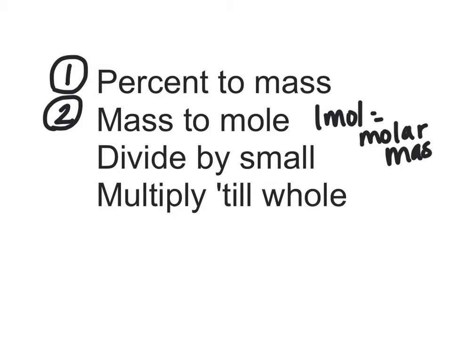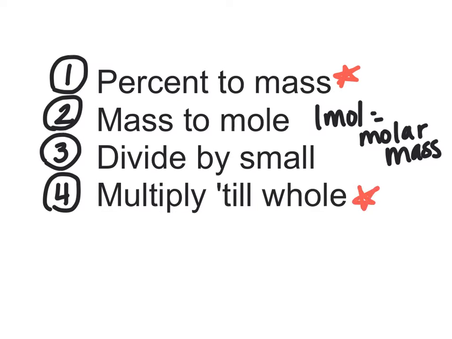And we've been working on that for the past few days. Our third step is divide by small. So we're going to take our smallest answer and divide. And our fourth step is multiply till whole. And those are the 4 steps that you'll need to find your empirical formula. Now I will say this, step 1 and step 4 sometimes won't be needed. But I'll show you that when we get closer.